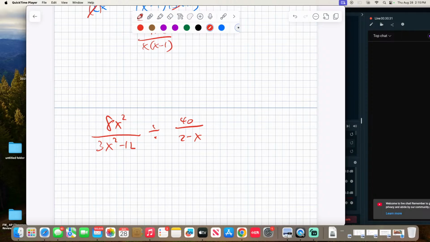You've got factor by grouping, you've got sum and difference of cubes. You've got a lot of things you need to worry about today. Today is going to be a lot of factoring. You have to learn how to factor.